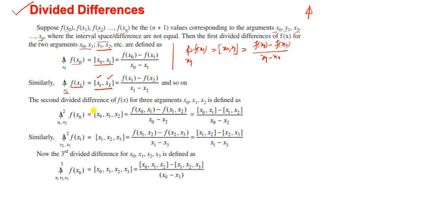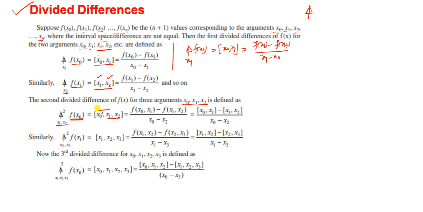Now the second divided difference of f(x) for three arguments x0, x1, x2 is denoted and defined as follows. The second order divided difference of f of x0, x1, x2 is also denoted in square brackets as [x0, x1, x2], and here we generate two pairs. One pair is x0, x1 and the second pair is x1, x2.